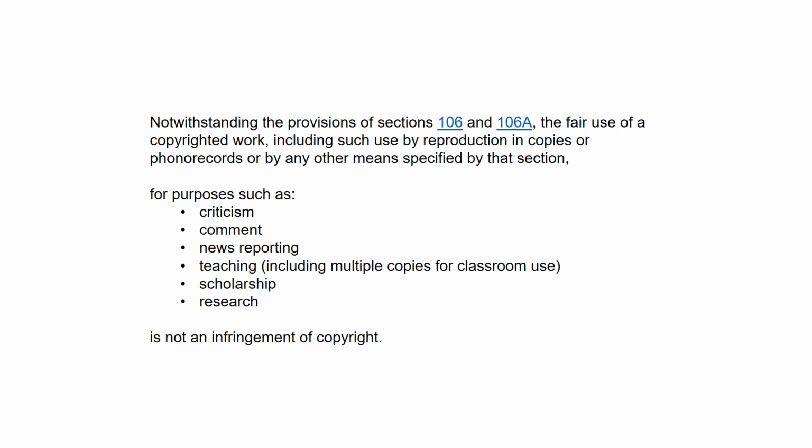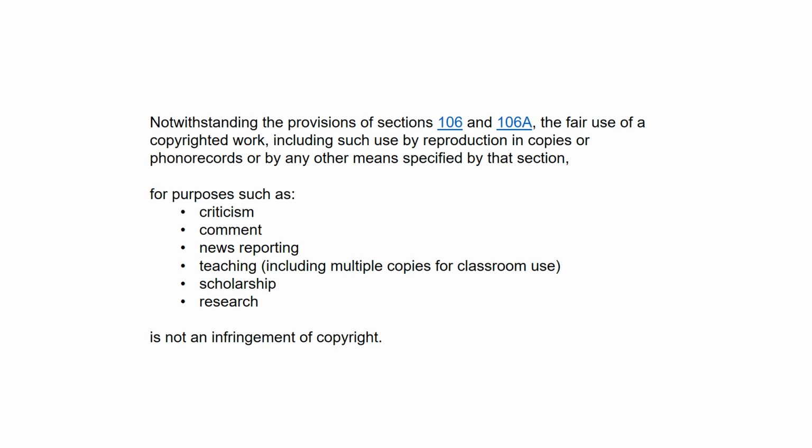That would be the right to reproduce, to produce derivative works, to distribute copies, to perform the work, to display the work publicly, to perform the work by transmitting the audio. 106A reaffirms the rights of visual artists to claim authorship of the work they created and to prevent the use of their name in conjunction with works that they did not create.